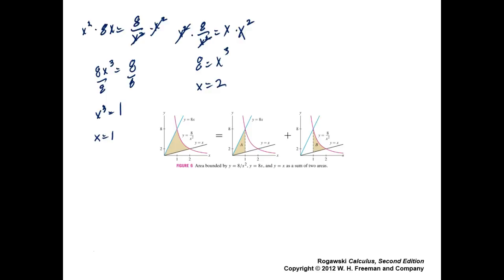So from 0 to 1, this minus that. And from 1 to 2, this minus that. All the upper ones go. So here's the first one.